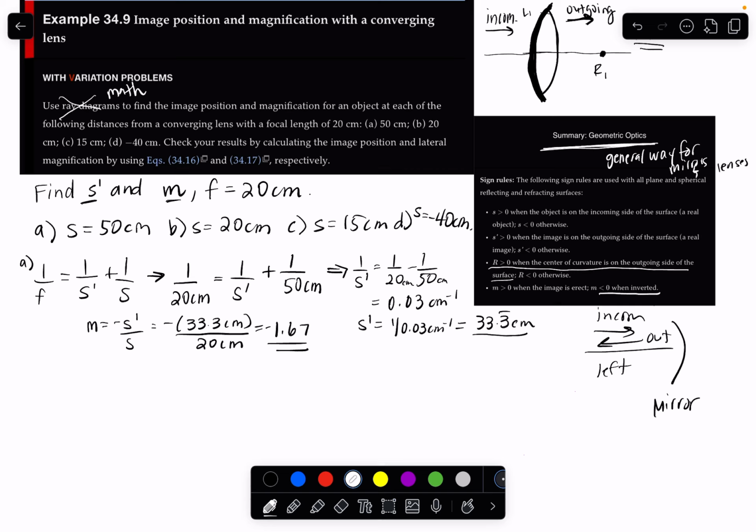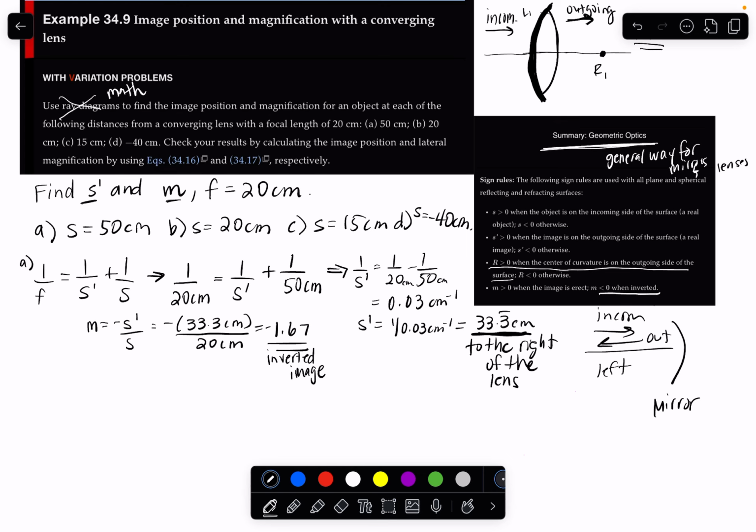We're gonna have an inverted image, and the location of that image is gonna be 33.3 centimeters away from the lens, which will be to the right of the lens, right? In the real space of the lens.